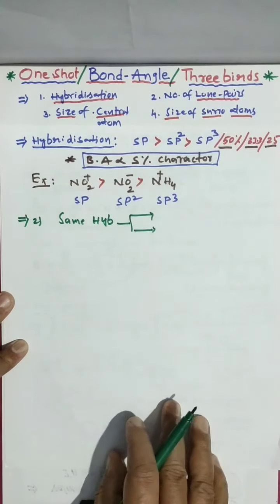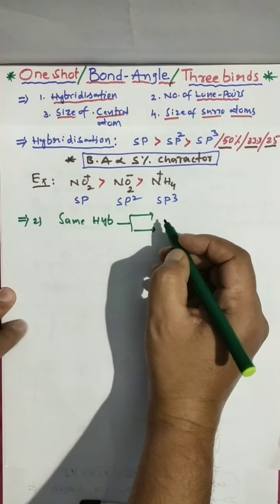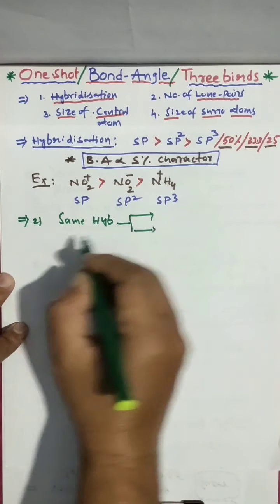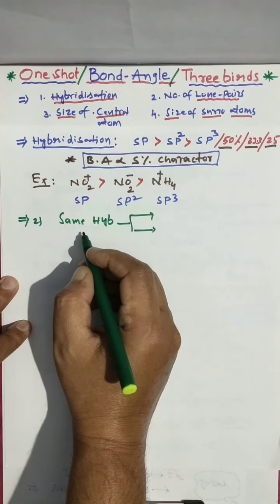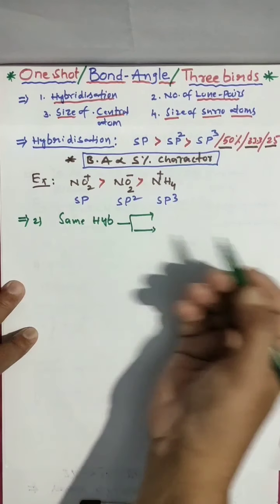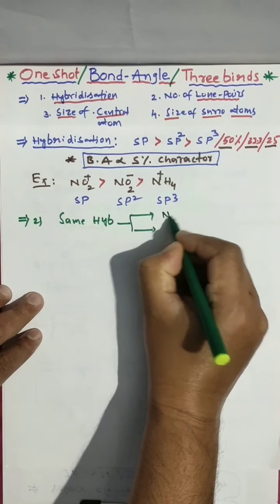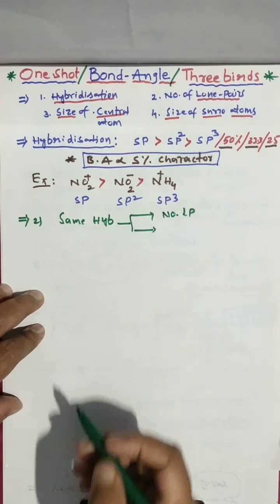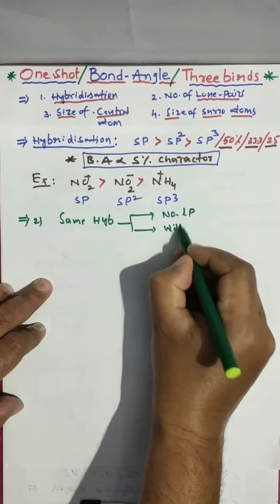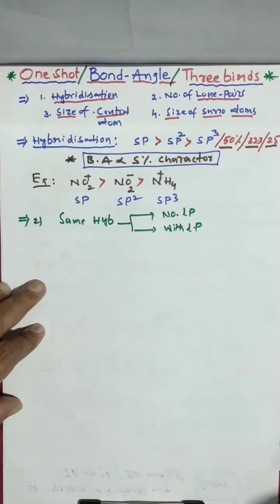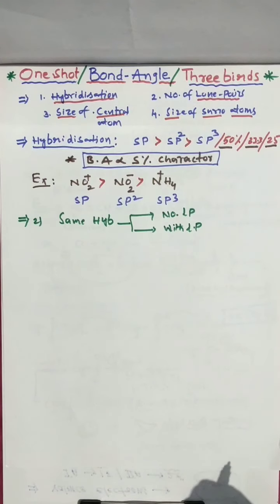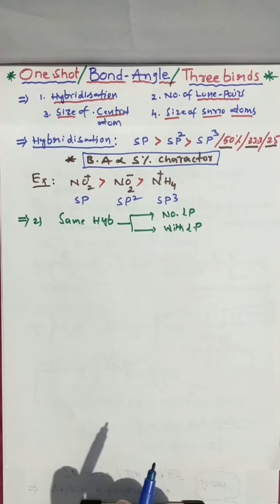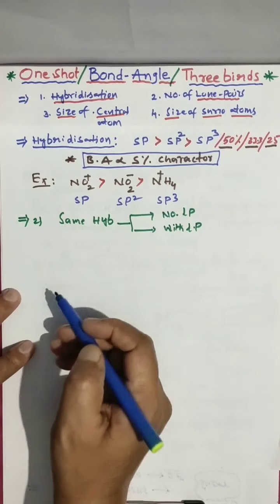One, a molecule has no lone pair but hybridization is the same. And condition 2 is with lone pairs: hybridization is the same but lone pairs are there. These are the 2 conditions.